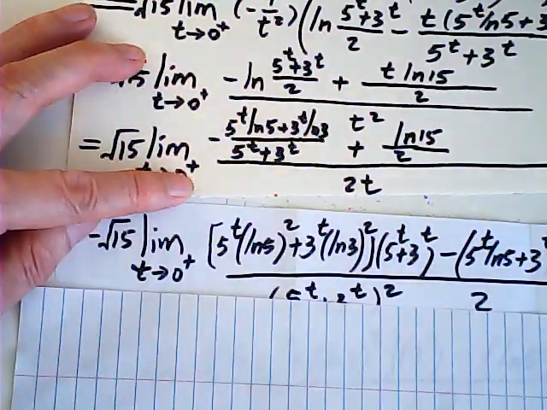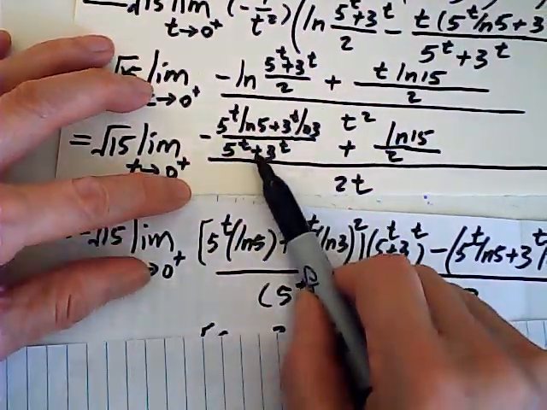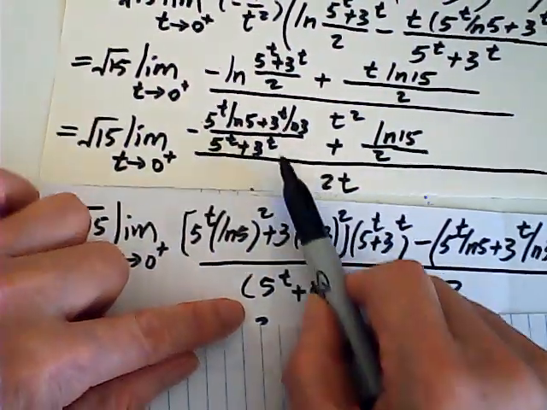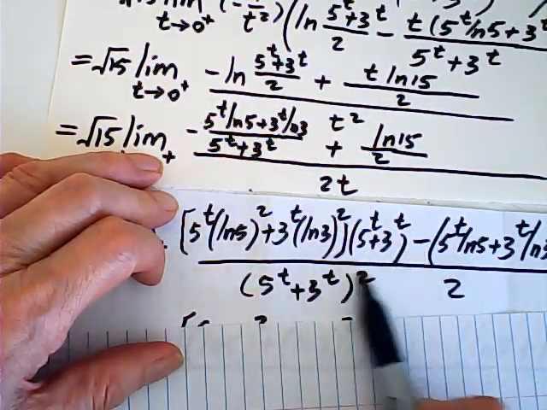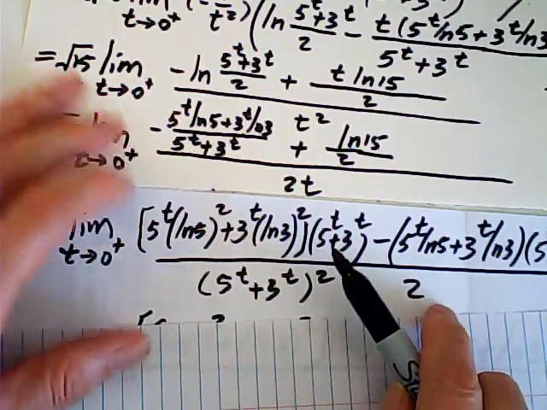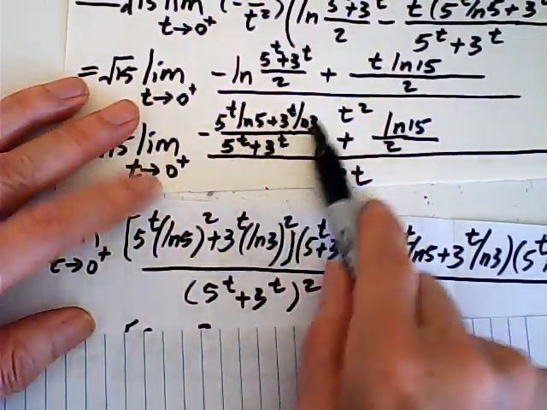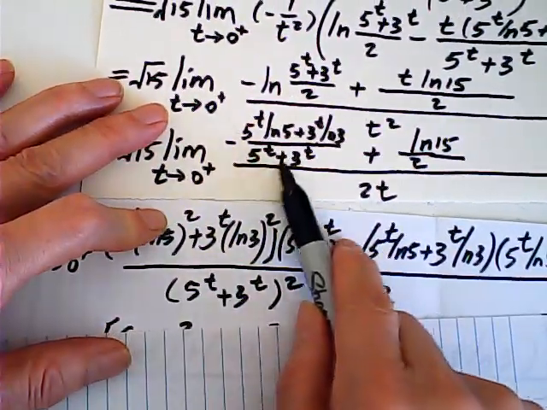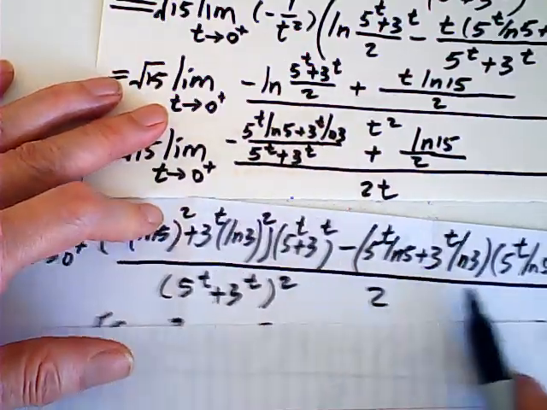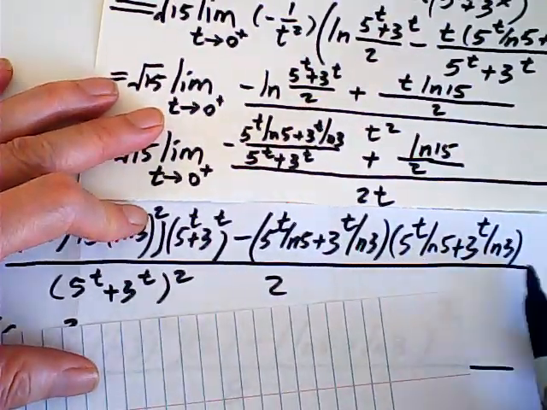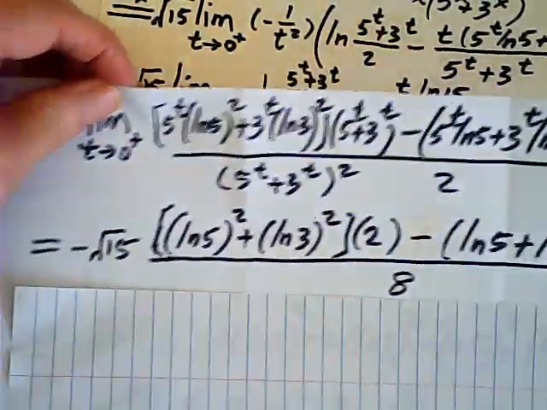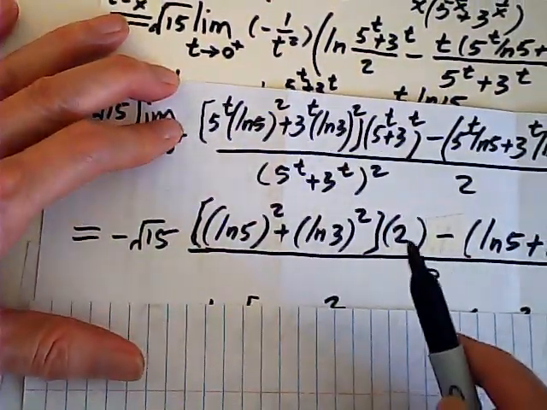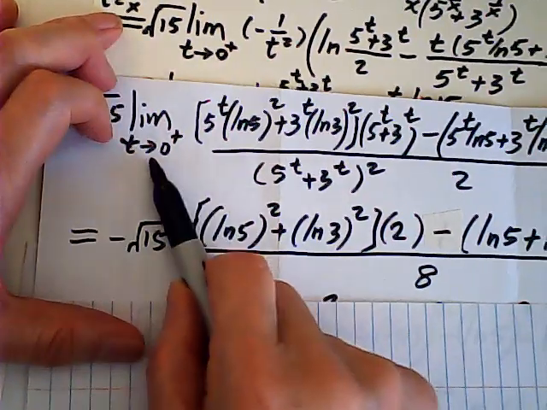That will use the quotient rule. So the denominator is squared, the numerator is this derivative times the denominator, minus the numerator times the derivative of the denominator. Okay, I hope things are right. Then we take the limit.